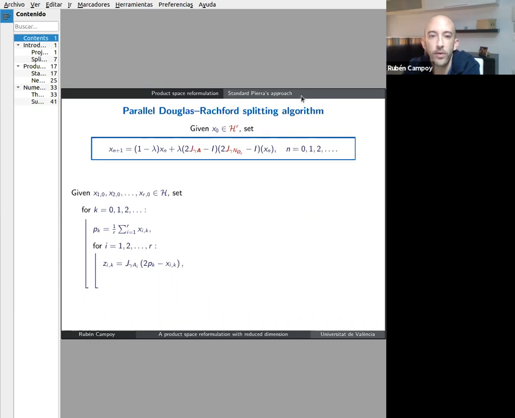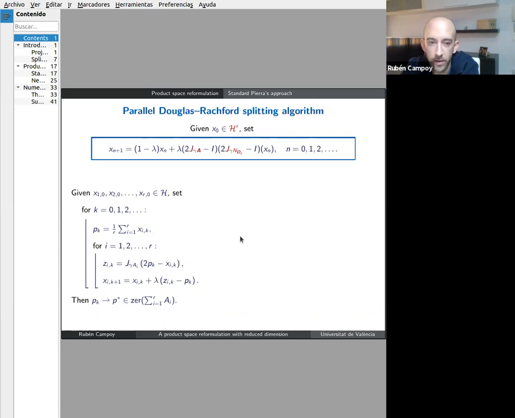And finally, the 2 times J minus I and the lambda convex combination, all the remaining steps, can be summarized in this x update. And then the shadow sequence, which in this case is p_k, is the sequence evaluated at the first resolvent. Then it converges weakly to a zero of the sum.